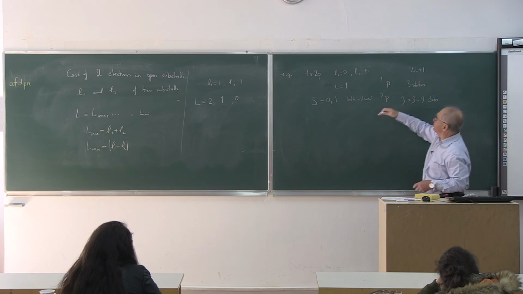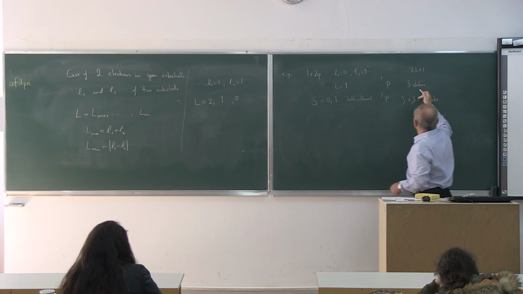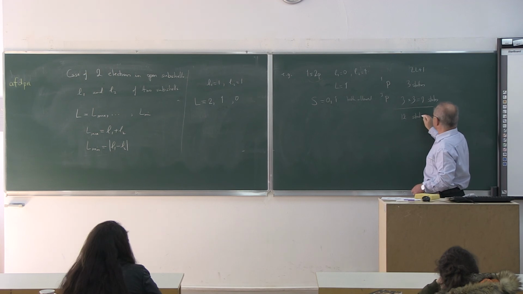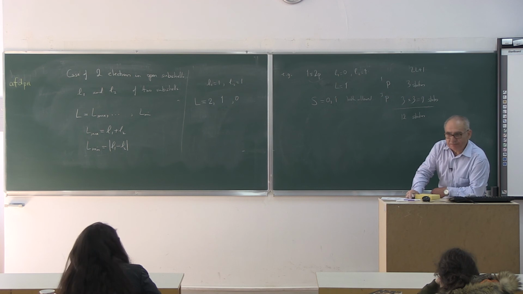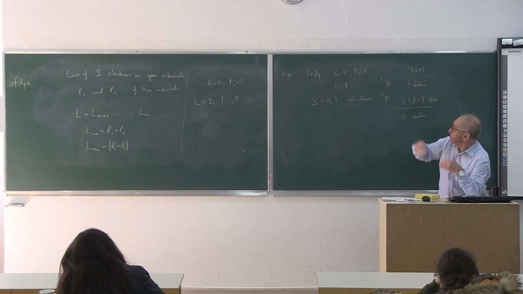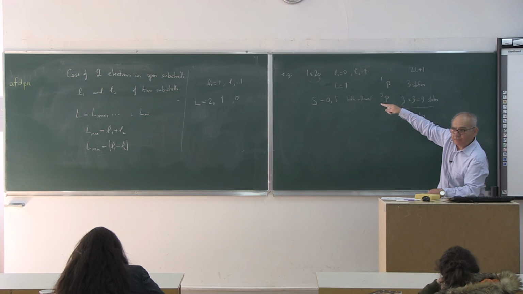The total number of states arising from this electron configuration, 9 plus 3, 12 states. There are 12 state functions. These 12 state functions all arise from that electron configuration, 1s times 2p.